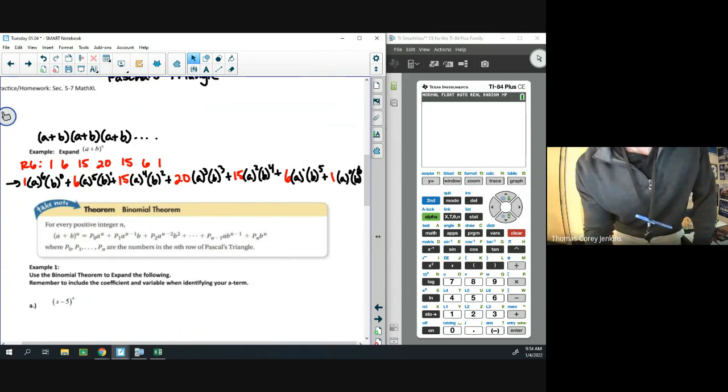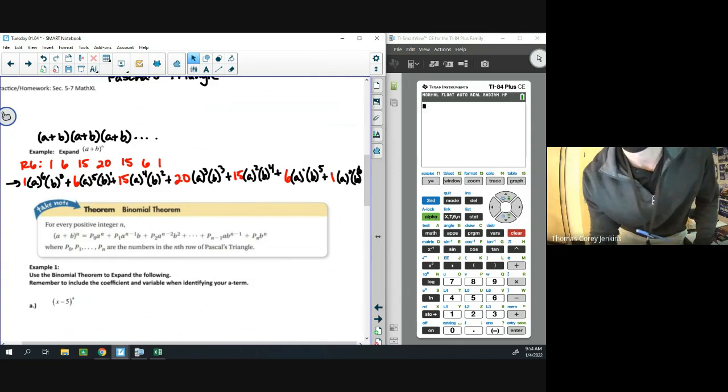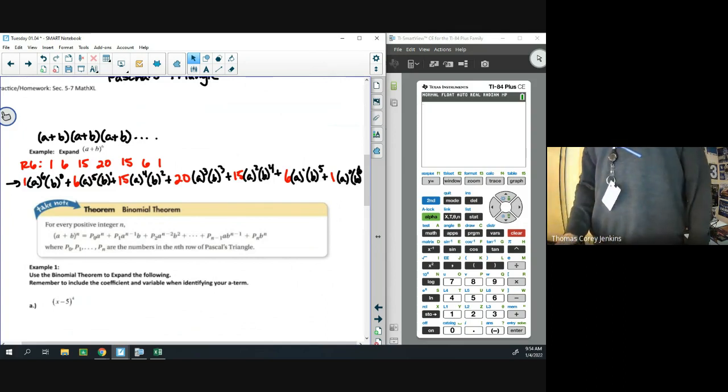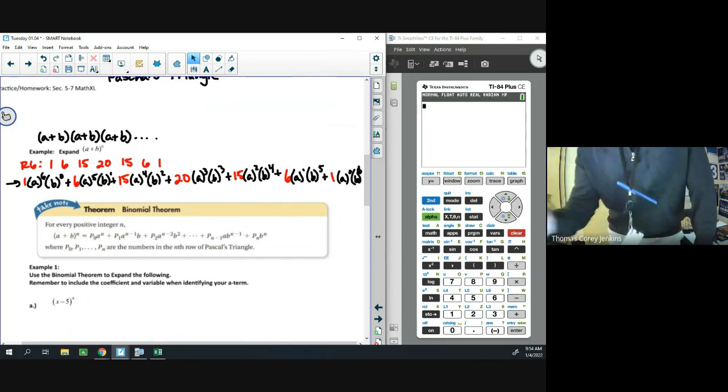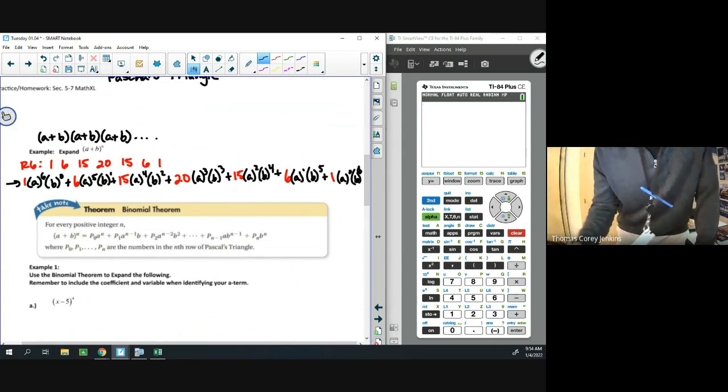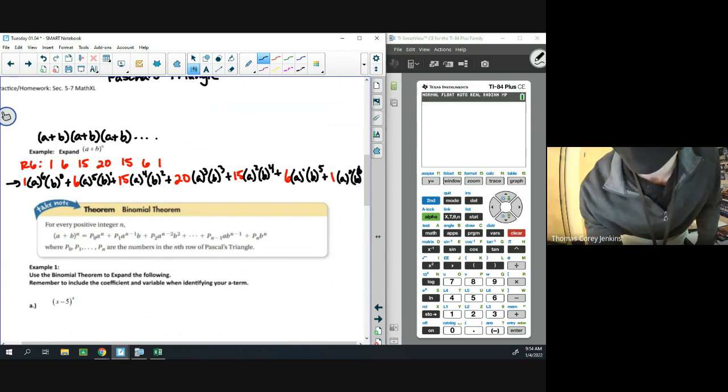So looking at the first term here, 1 times A to the 6 times B to the 0. Does anybody remember what anything to the power of 0 is? 1. That's right. That's just one of those things that's not necessarily intuitive, but we remember it. So really our first term is just 1 times A to the 6 times 1, right? So just A to the 6 all together.